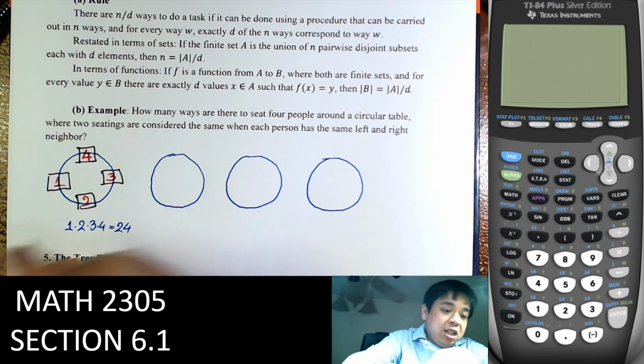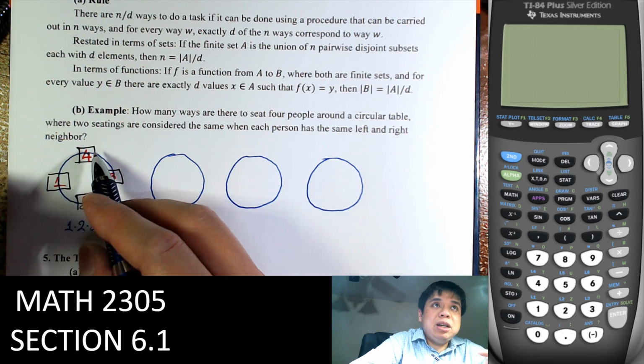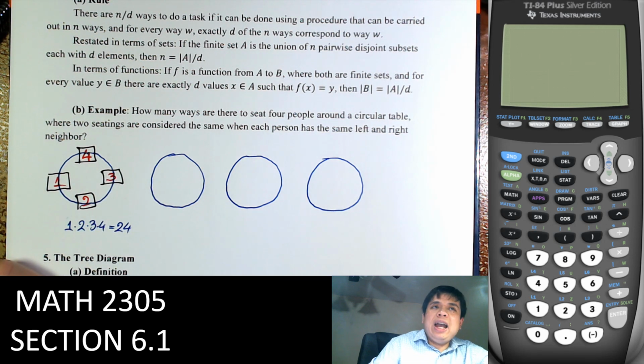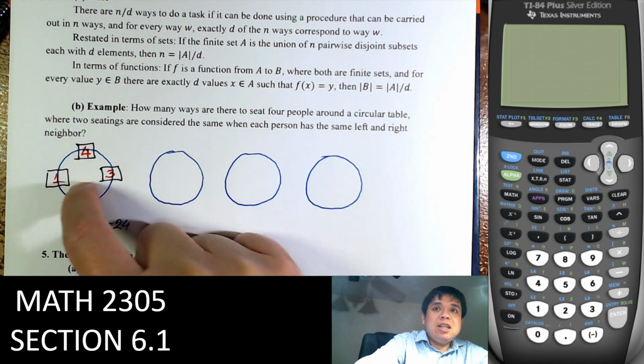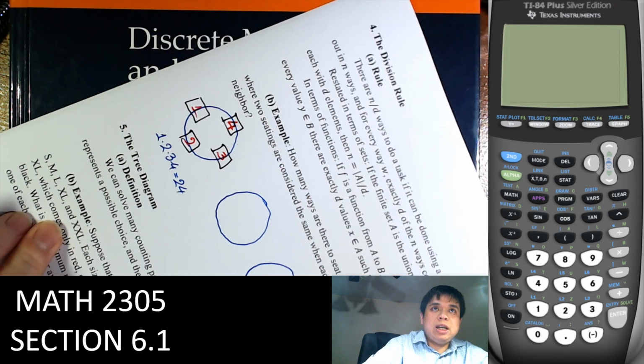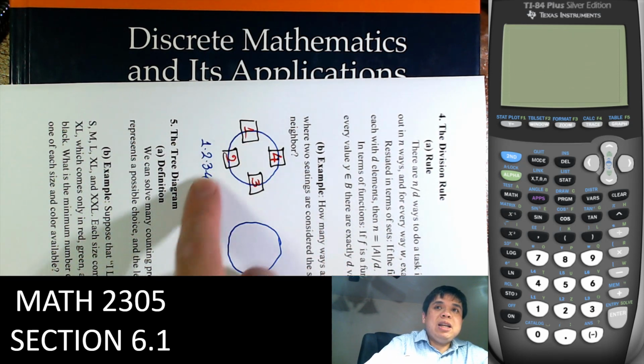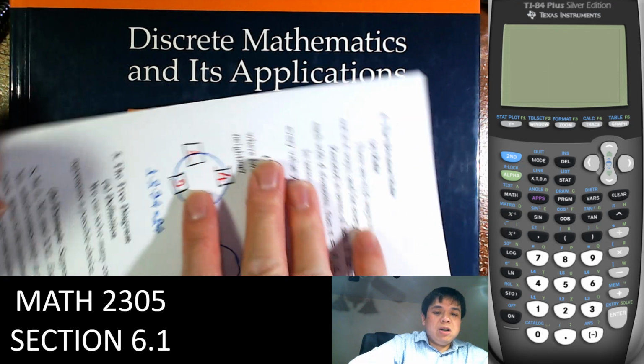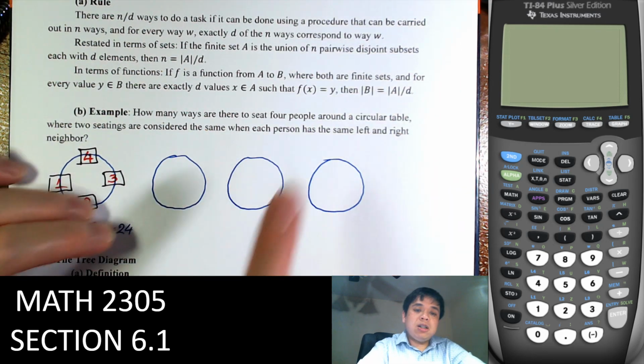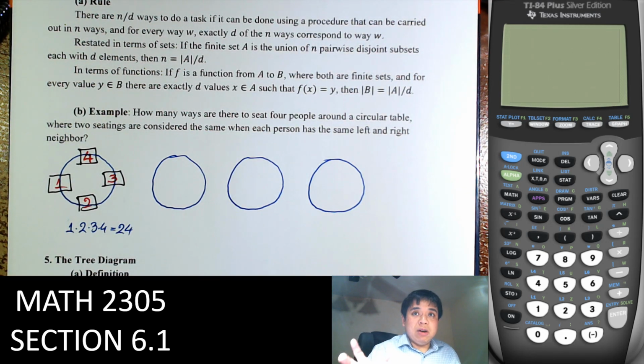This is not the actual numbers. This is just how many ways it can be seated. So that's 24. But remember, this is a circular table. You can certainly rotate. In that case, this is the same seating. We just rotate the table, because the way we define it, each person with the same left and right neighbor is considered the same.